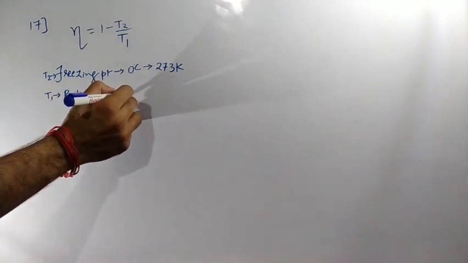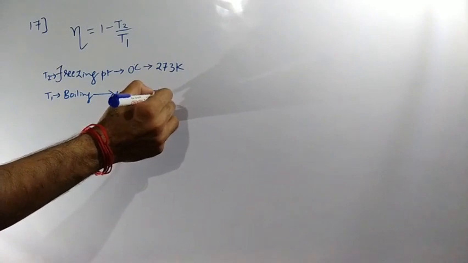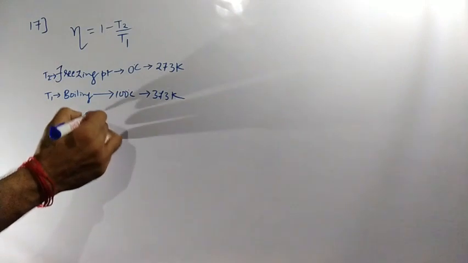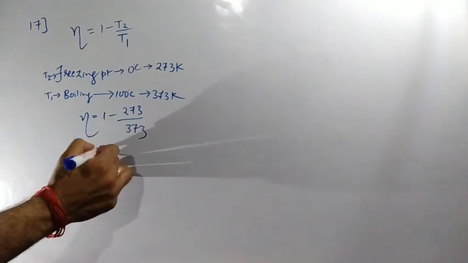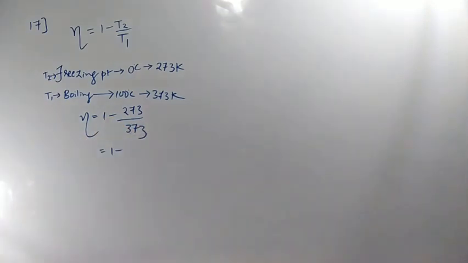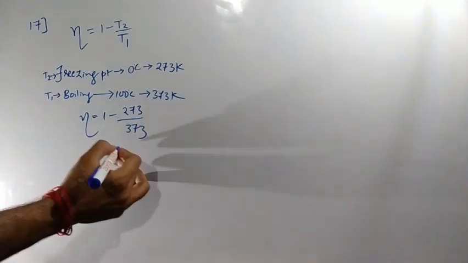Water will boil at 100 degrees Celsius or 373 Kelvin. Substitute 273 and 373 in place of T2 and T1 and you are going to get the answer. So efficiency eta is equal to 1 minus T2 value 273 by T1 value 373. So 1 minus 273 by 373 is nothing but what value?